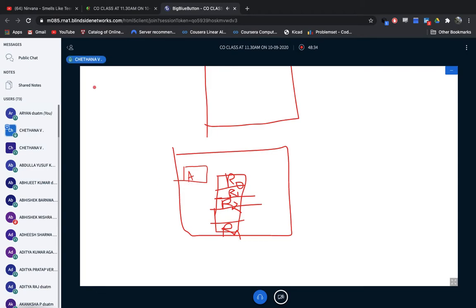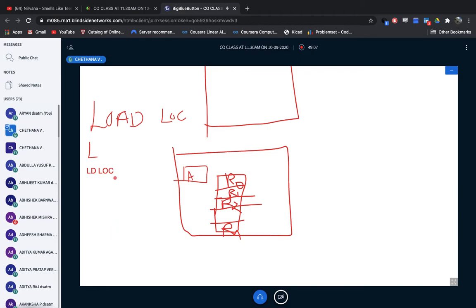Suppose I write here LD LOC. This is my instruction.